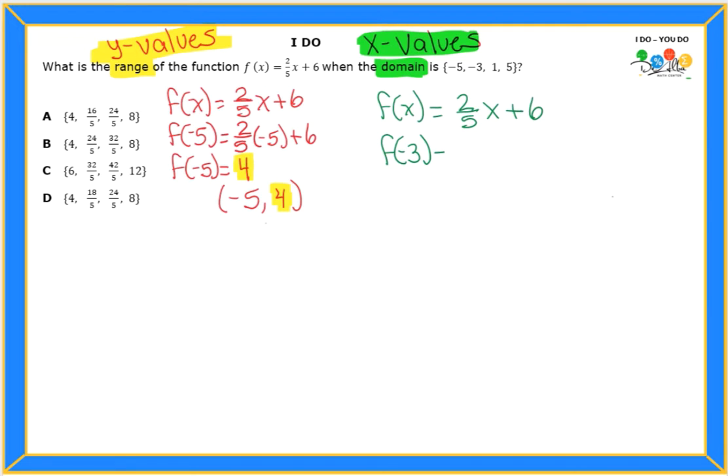So I will write down -3, and where the x is, I will replace it with -3. So I'm going to find f of -3 equals 2/5 times -3, and then you add 6. And yes, you can put all that in the calculator. We're totally fine with that, okay?